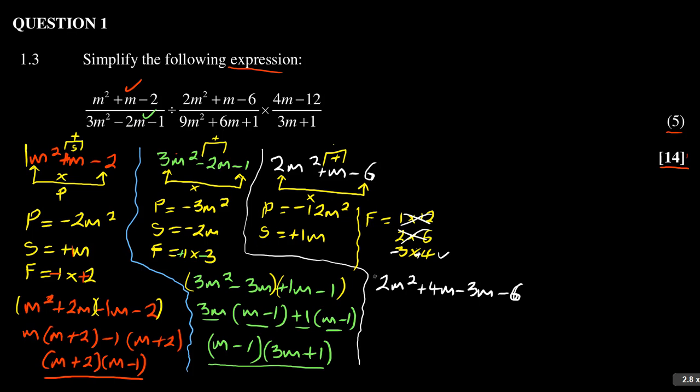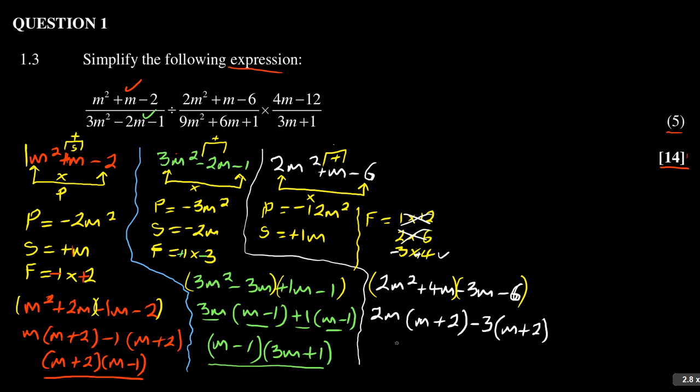In this case, you take your first two and your last two. So it will become, what is common there is 2m, and I'll have my m plus 2. My second bracket also must be the same. As you can see, a negative is common, and 3 is common between 3 and 6, which is m plus 2.